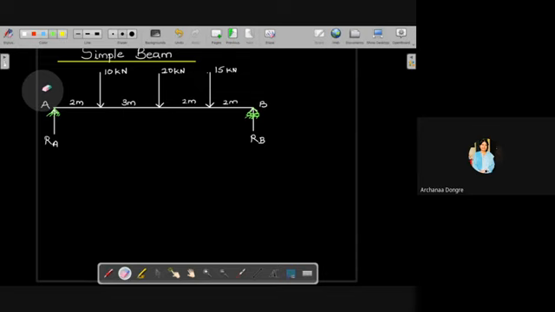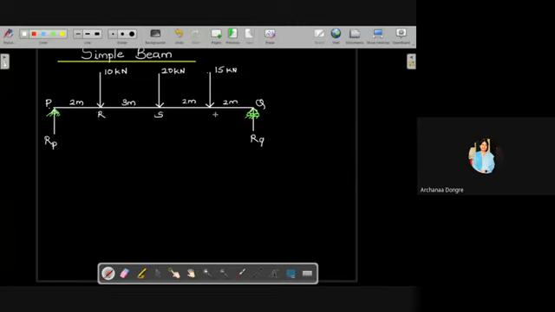Let's name the beam PQ, with support P and support Q. So it will be RP, RQ. Then the loads we may call R, S, T.